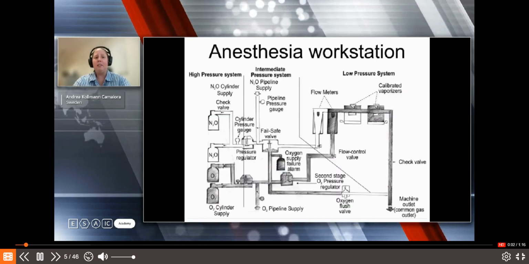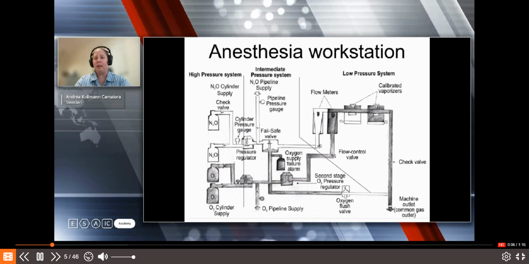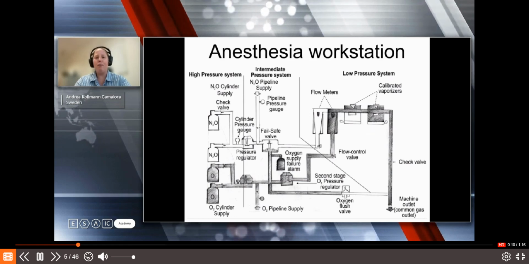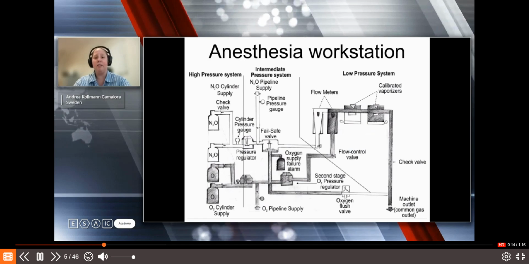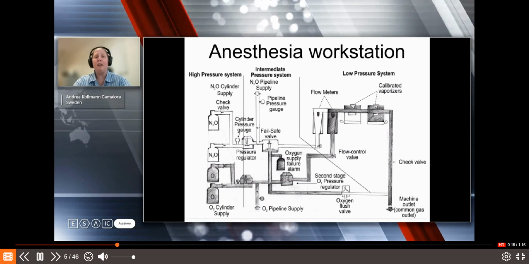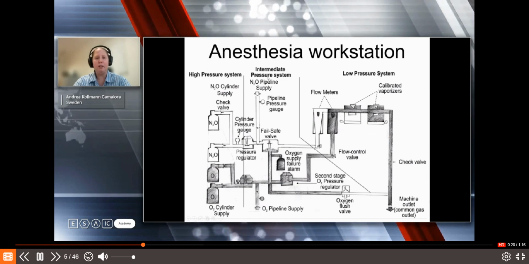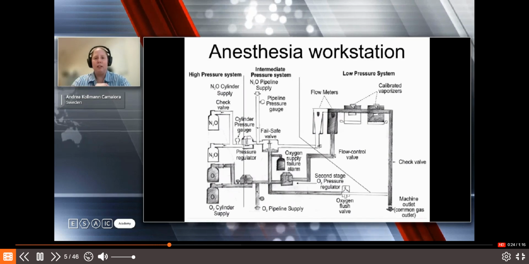So, the anesthesia workstation starts by getting a mixture of gases into the machine. And these gases belong to three different categories. It can be the high pressure system, the intermediate pressure system, or the low pressure system. So what are the differences here?